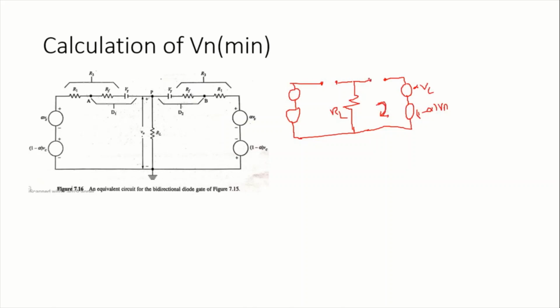Now since D1 and D2 are reverse biased, what happens here? What is the worst case situation? Taking a loop here, this is a diode voltage Vd, so Vd equals minus alpha Vs plus (1 minus alpha) into Vn.